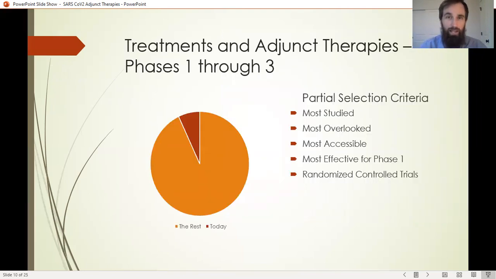Moving on to the treatments and adjunct therapies. As a whole, we talked about phase 1, phase 2, and phase 3, and that's related to symptoms of how much oxygen you're needing. How much oxygen you're needing is related to how effective and productive your lungs are at ventilating, how much they're able to absorb oxygen through diffusion and get the carbon dioxide out through exhaling.